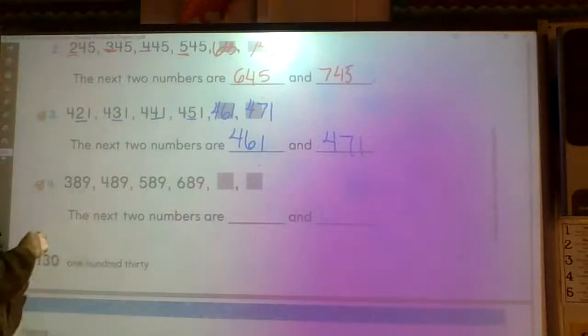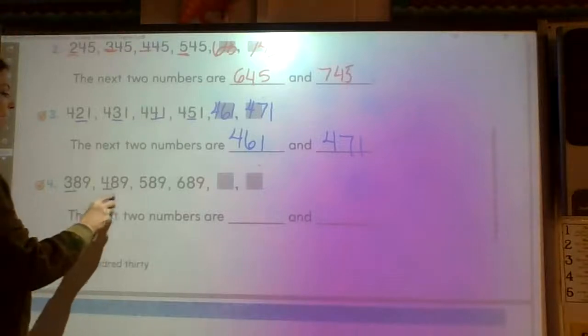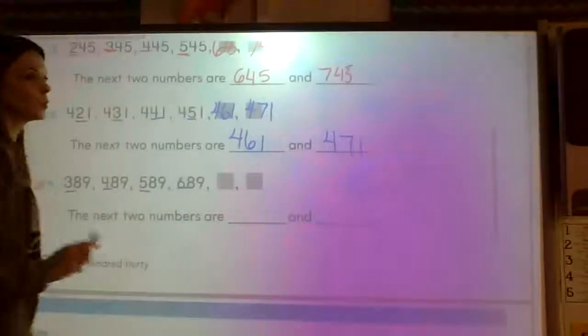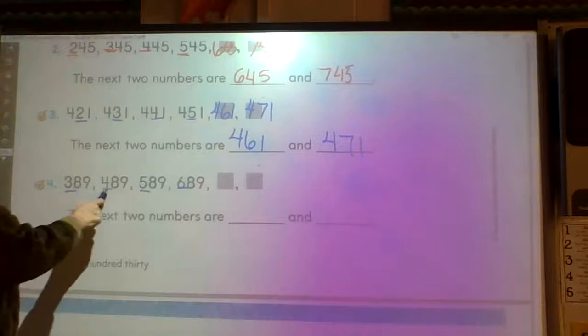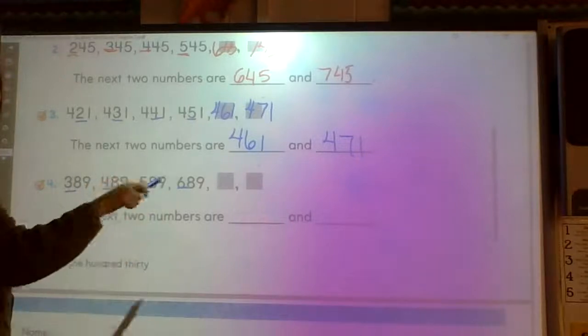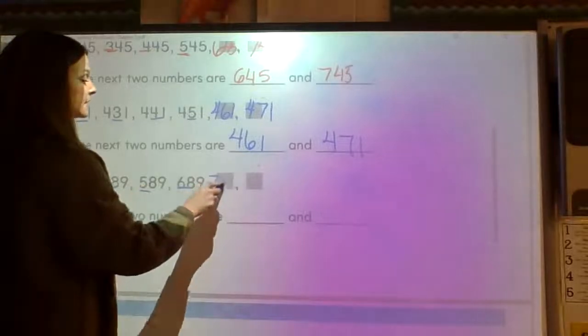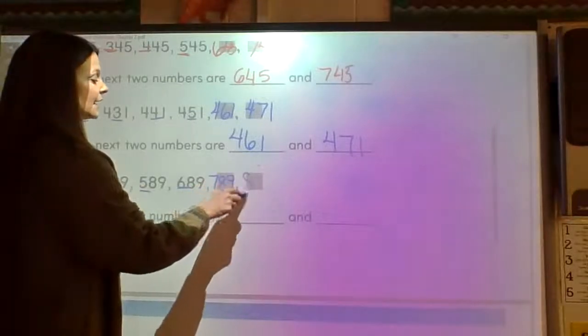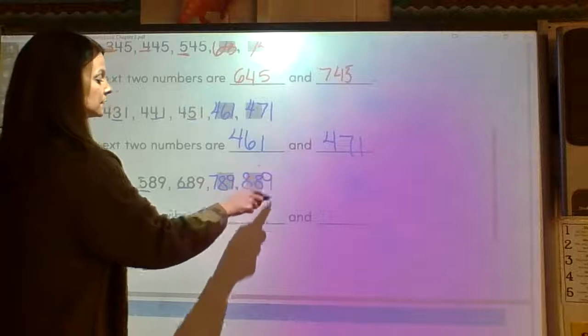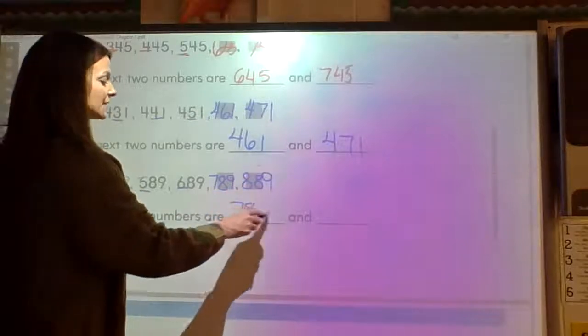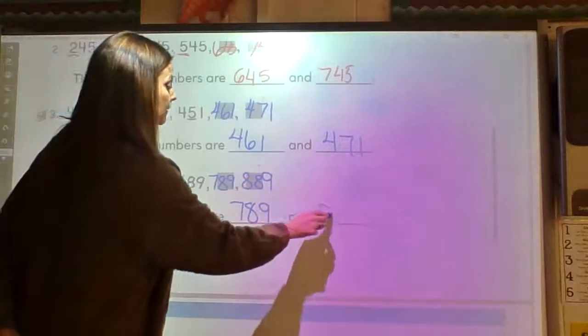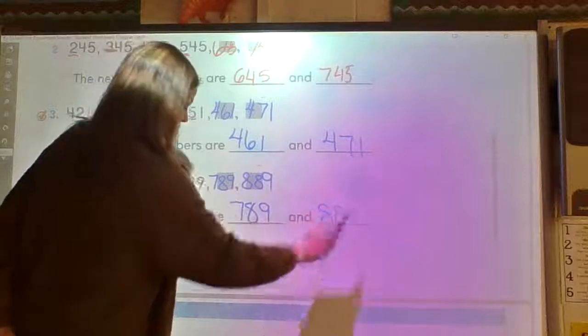I'm going to look at number 4. I notice the only digit changing is my hundreds place, and the numbers are getting bigger. So I know that after 6 comes 7, and then 8. So I can simply fill in my new numbers.